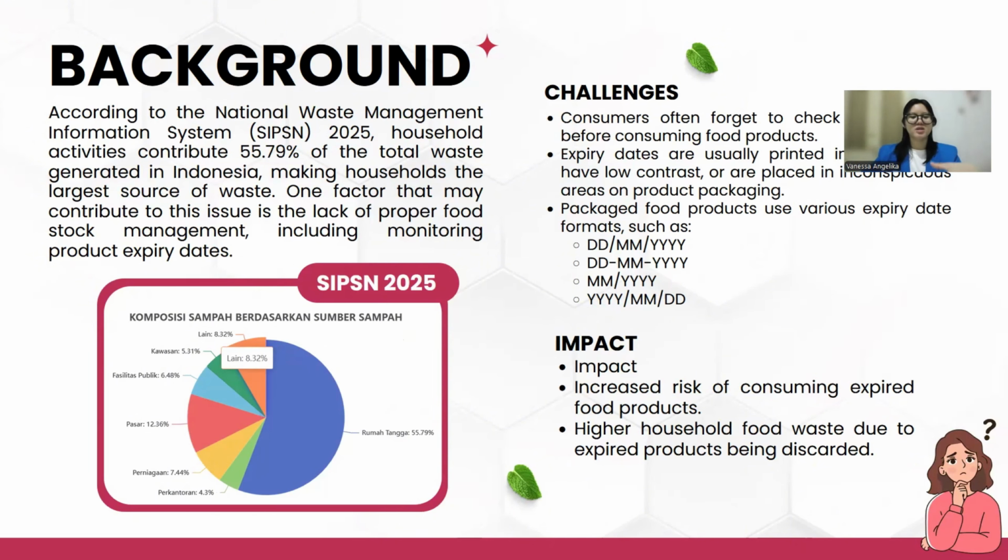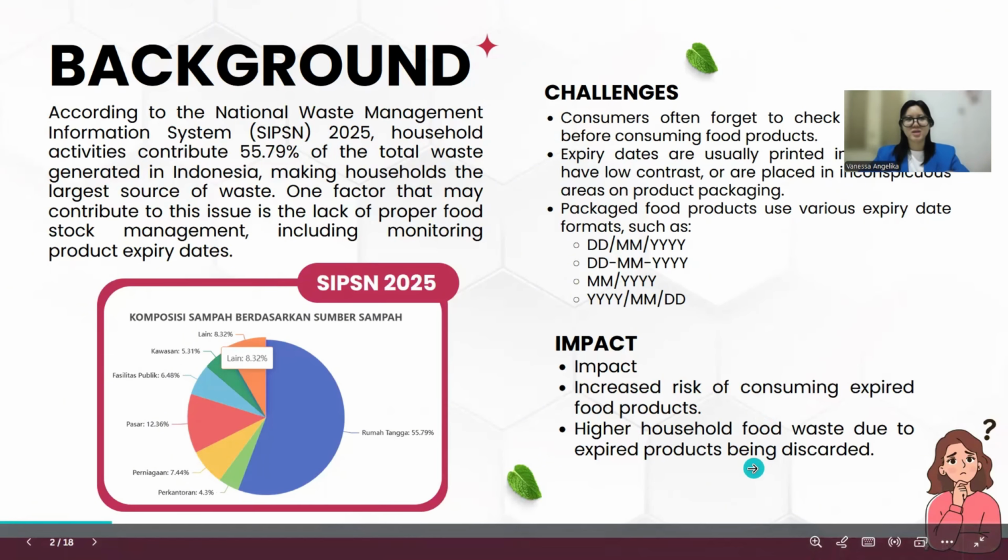As a result, expired products may be consumed unintentionally or discarded after their expiry dates, increasing both health risks and household food waste. Therefore, an automatic solution is needed to assist users in detecting and reading expiry dates more efficiently.